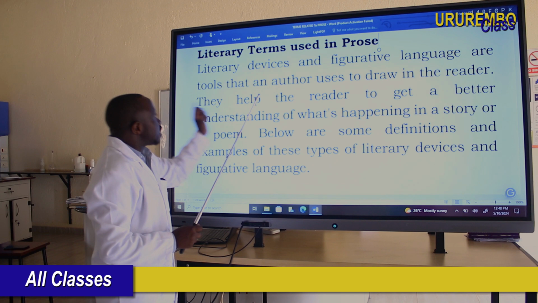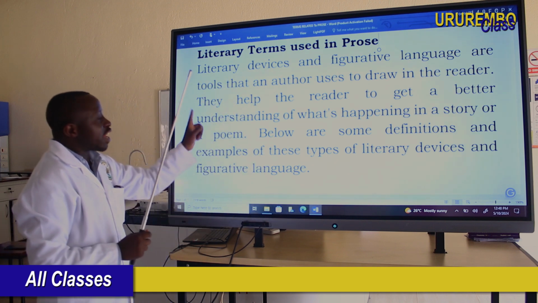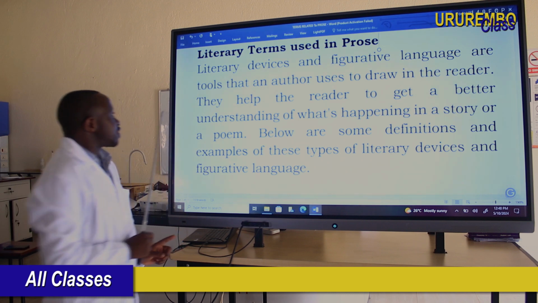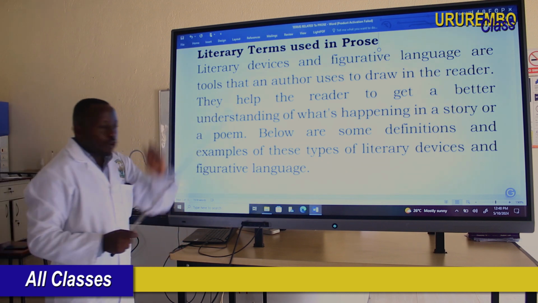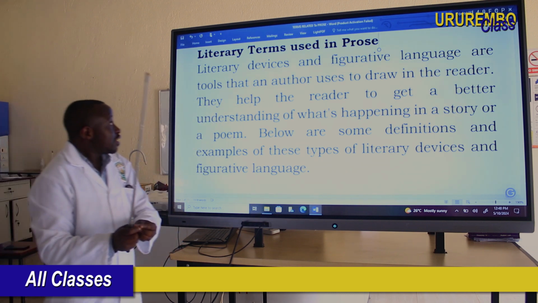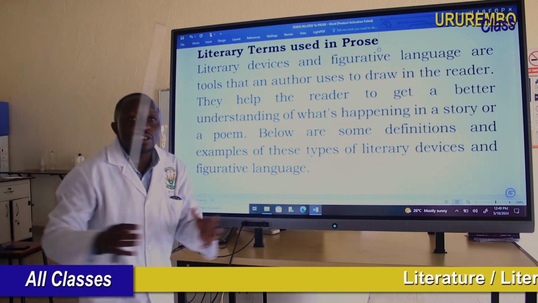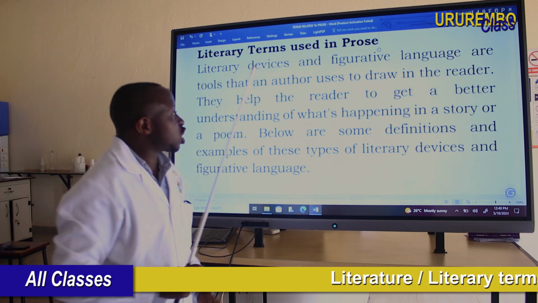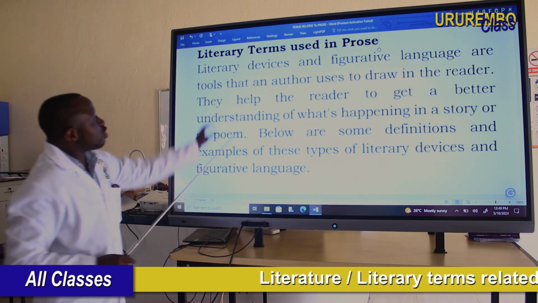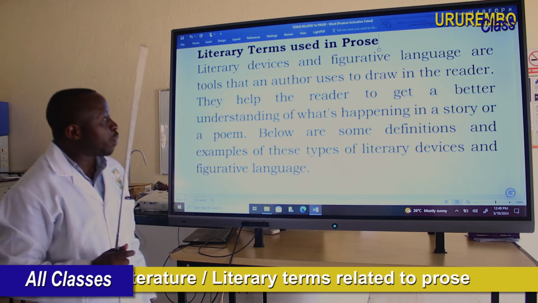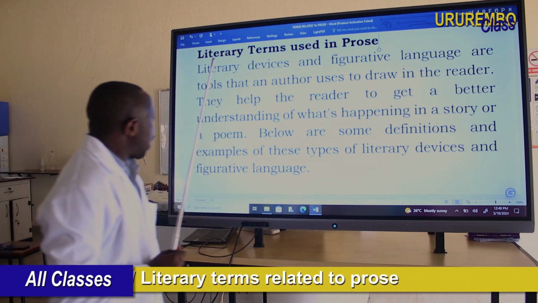Those literary devices, those literary techniques, okay, those are figurative languages. They are tools that the author uses to draw in the reader, to make the reader pay attention, okay? And also they help the reader to get a better understanding of what is happening in the story, okay?